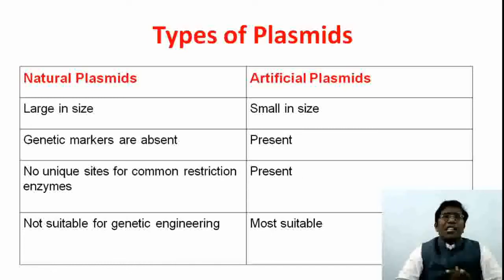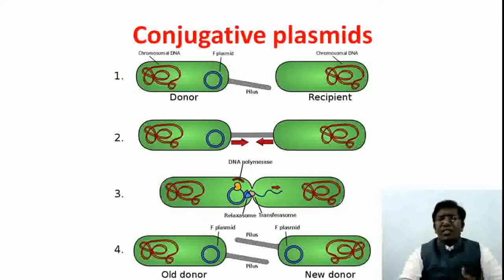Natural plasmids are not suitable for genetic engineering. Artificial plasmids are suitable for genetic engineering because we can introduce the required genes into the artificial plasmid, and we can also remove unwanted genes from it. That is the reason why artificial plasmids are most suitable in genetic engineering.